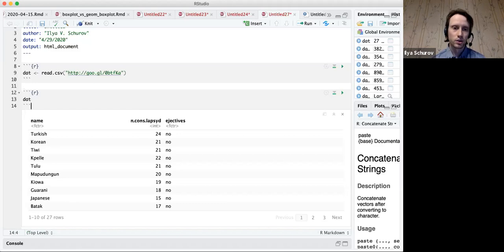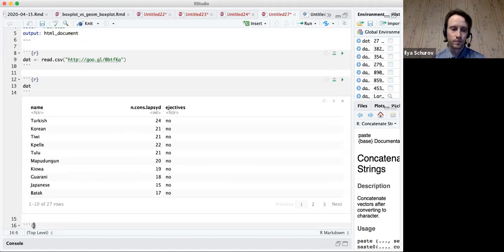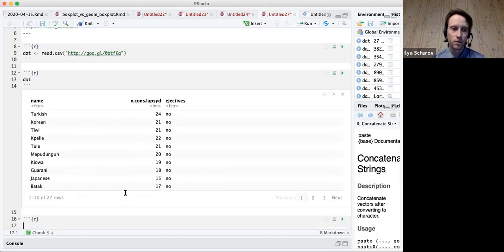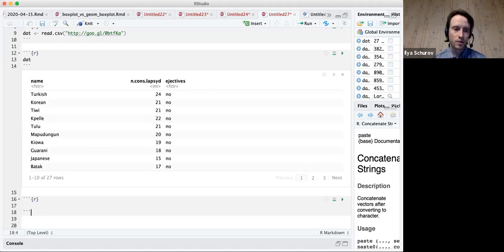And to do so, I have to introduce a new function that is called GLM, generalized linear model. And okay, let me show on some arbitrary example. Let me show how it works.